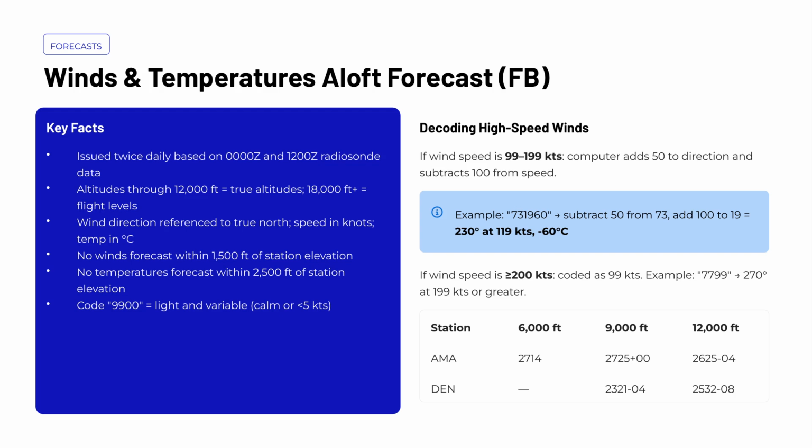When speed reaches 200 knots or greater, it is always coded as 99 knots, meaning 7799 represents 270 degrees at 199 knots or more. Notice in the table that the DAN station shows a dash at 6,000 feet. That means no forecast was issued because that altitude falls within 1,500 feet of the station elevation.